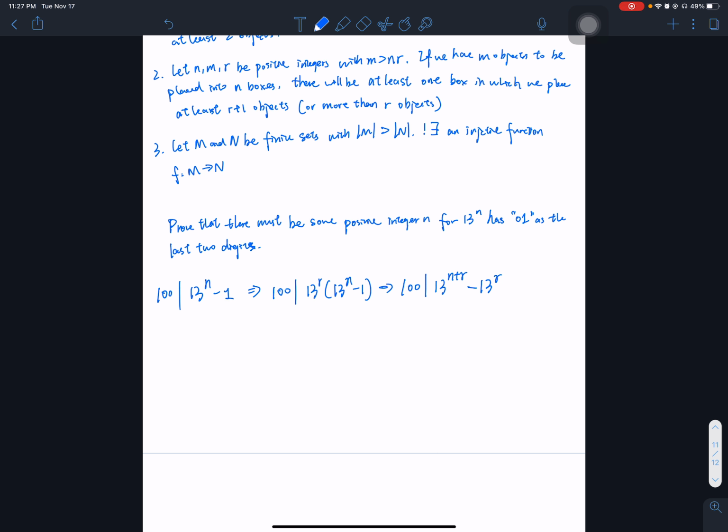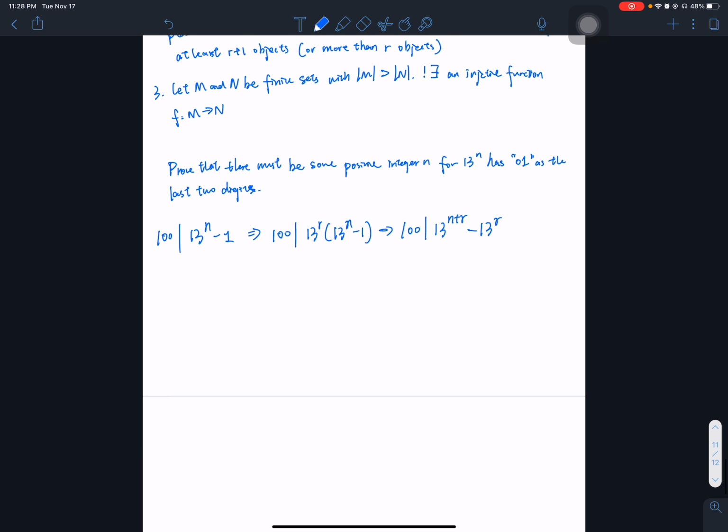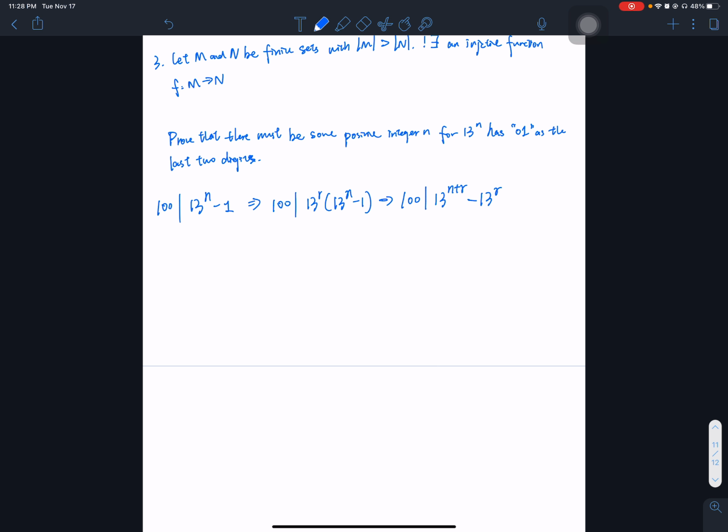So to have this n, we have to have two different numbers like r and n plus r. Here's how we solve this problem. We consider 101 different numbers, like 13 to the k's power, where k ranges from 1 to 101.